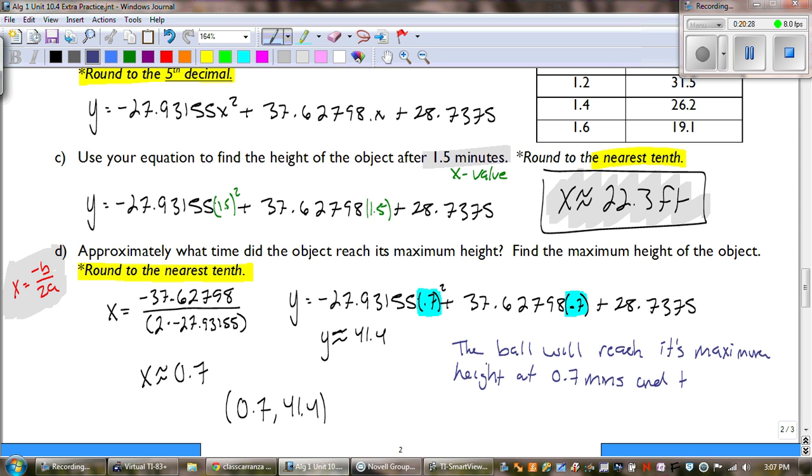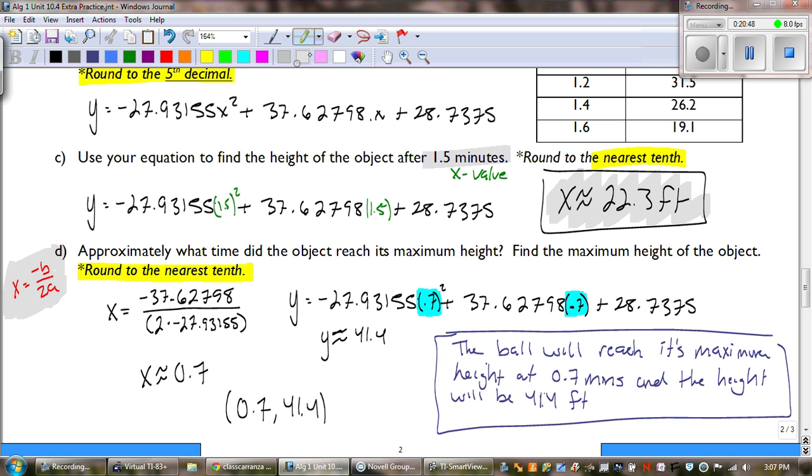And what's the height going to be? The height will be 41.4 feet. Okay? So 41.4 feet.